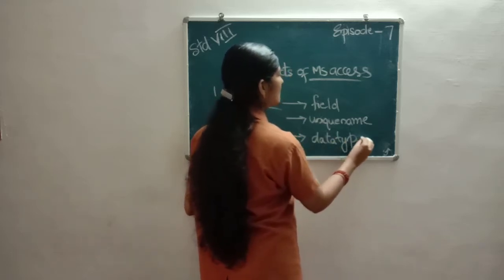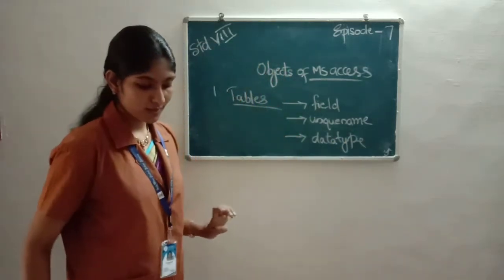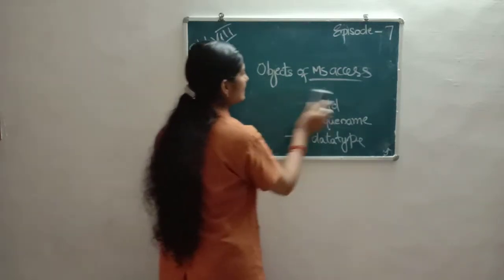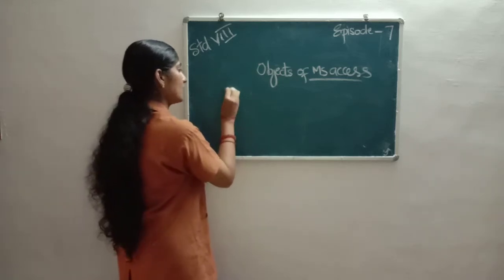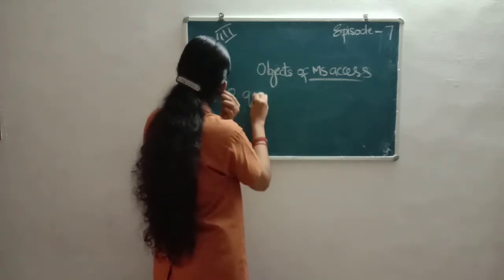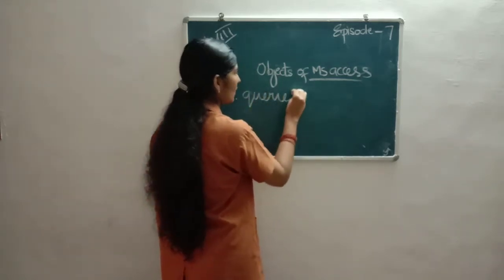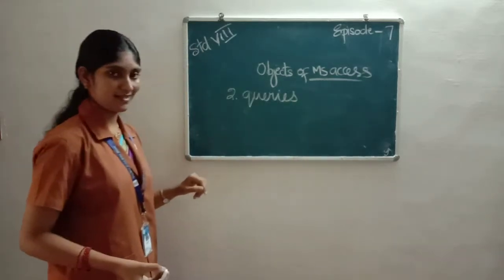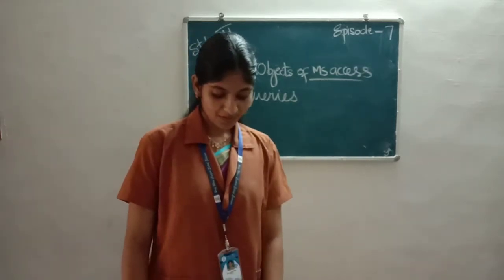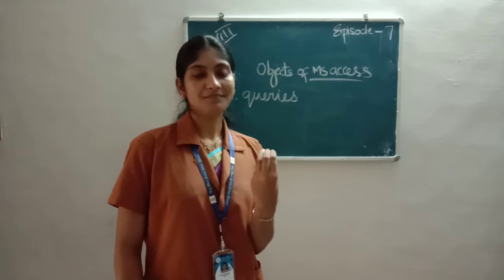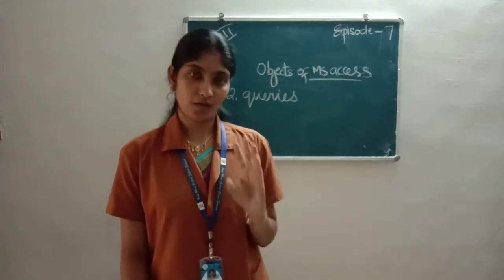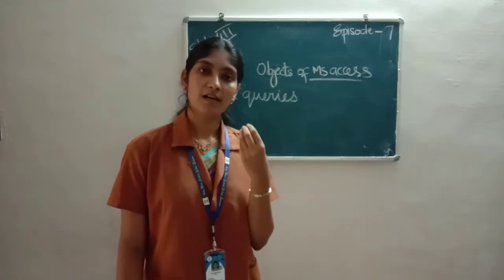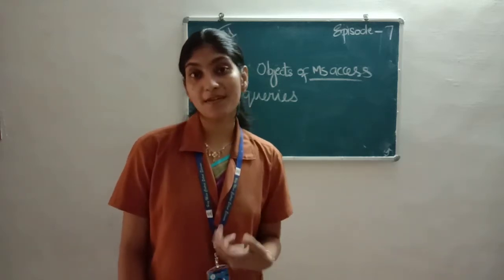Next one is queries. The second object of MS Access is queries. Queries means simply questions. A query displays a result according to some criteria.